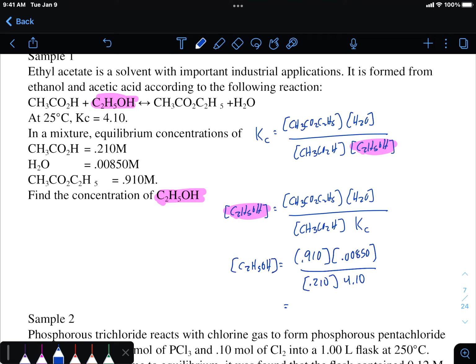Let's see what you guys get. What's our ethanol concentration?